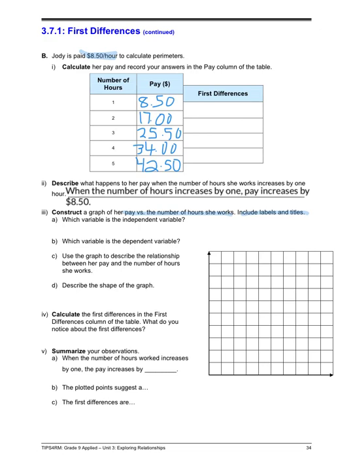So we need to think about whether or not the number of hours makes your pay go up, or if the pay going up makes your number of hours go up. So obviously, for every hour we work, we make $8.50. That means that our number of hours would be the independent variable. And if our number of hours is our independent variable, that means our pay has to be our dependent variable. Now that we've decided on our independent and dependent variable, we can make our graph.